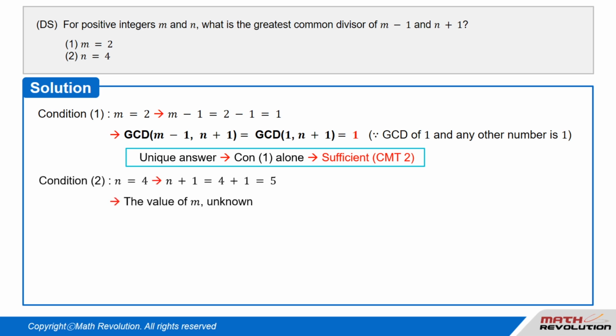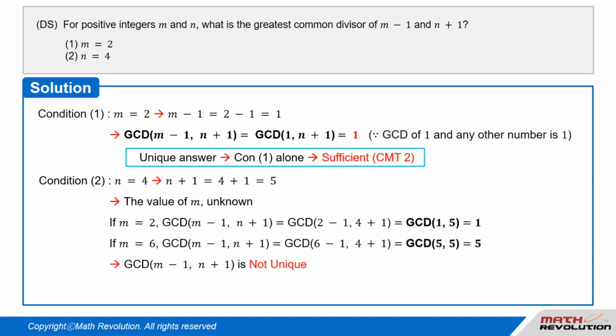Condition 2 tells us that n equals 4, thus n plus 1 equals 4 plus 1 or 5. But we do not know the value of m. When m equals 2 and n equals 4, the GCD(m minus 1, n plus 1) equals GCD(2 minus 1, 4 plus 1) equals GCD(1, 5) equals 1.